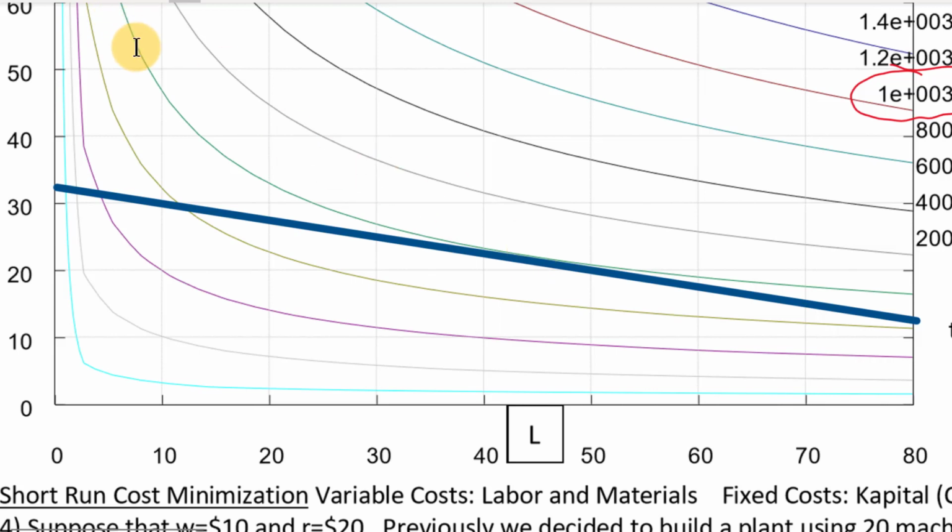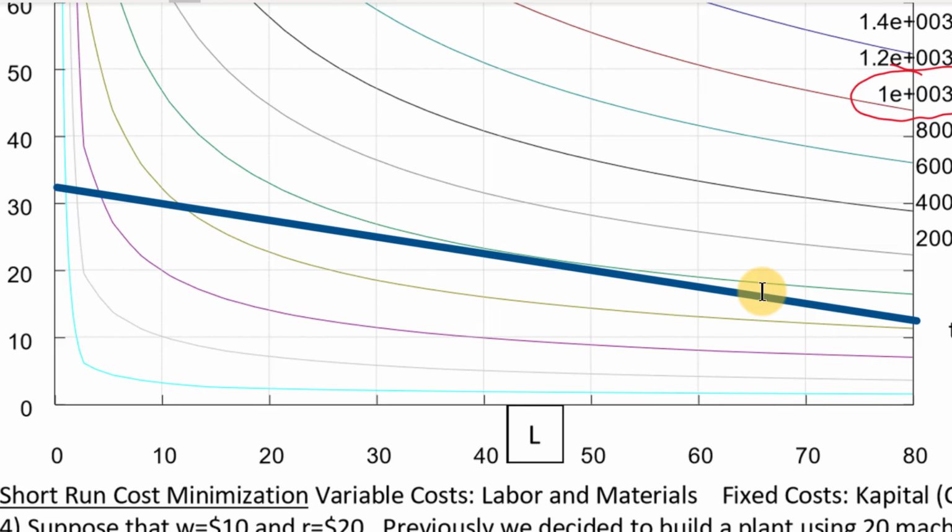Number one, it's a point on this Isoquant where we're getting 1,000 units. Number two, that the slope of the Isoquant is equal to the slope of the Isocost. Now, I take time in every video to go through why the equations are what they are, because I think it's a whole lot easier and better to understand the equations than simply to memorize them.